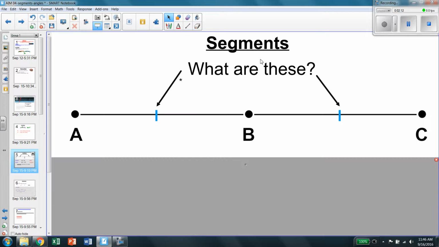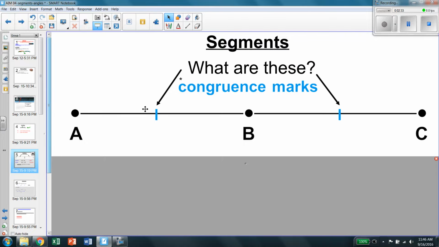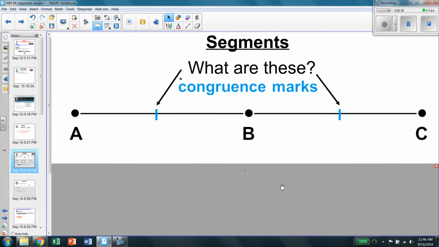Now you should notice that on this segment we're looking at these little blue tick marks. What are they? Well, those are congruence marks, and congruence plays a really big part in geometry, and it helps us prove theorems. It also helps us for a lot of different reasons. And we use these little marks to show that segment AB is congruent to BC.